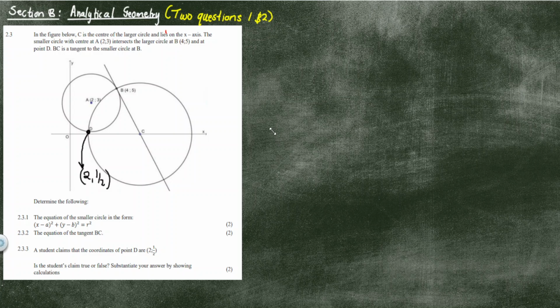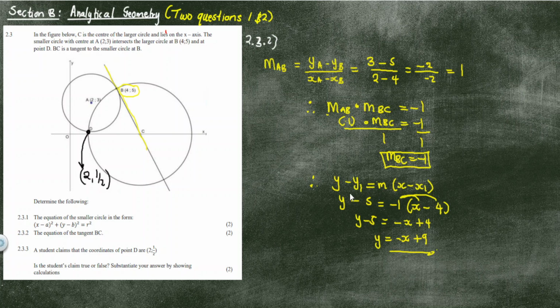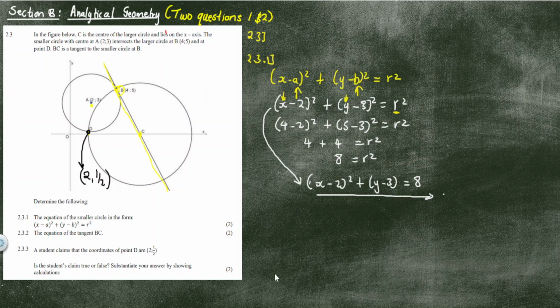All right, so we just calculated the equation of the smaller circle, it's right here. So what is the equation?